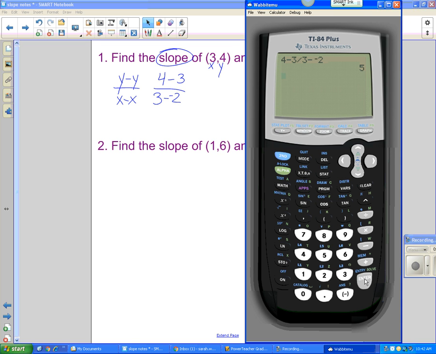You need to put parentheses around the top and parentheses around the bottom if you choose to use your calculator. Press enter.